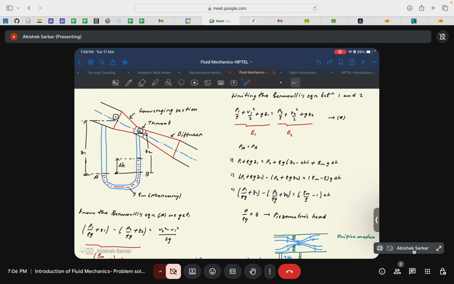This is primarily to deal with the pressure losses. If there is a very abrupt diverging angle in the diffuser section, then the flow might start to separate in that region, and in that case the losses would be higher.